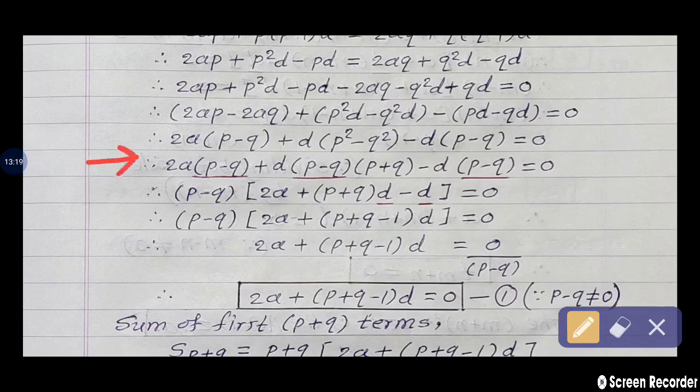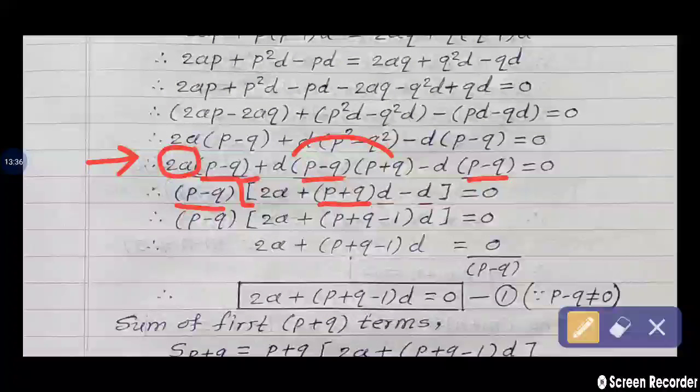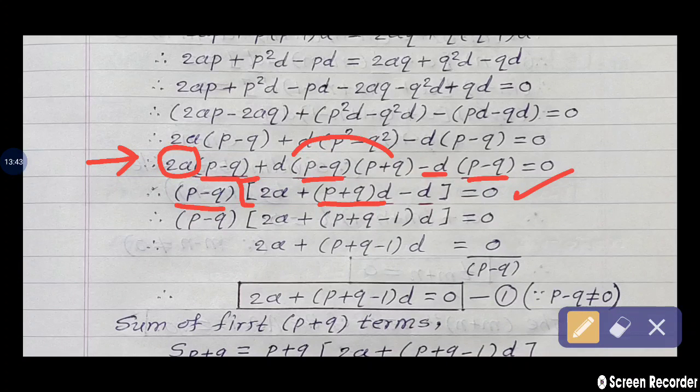In all three terms, p minus q is the common bracket. So we write that as common and write the remaining terms: 2a plus d multiplied by p plus d, minus d remains, is equal to 0. All of you understood?